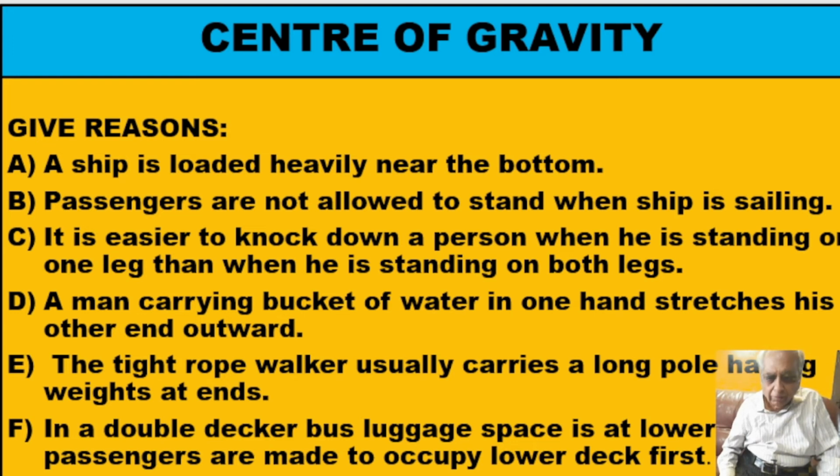So that I have given in the form of give reasons. So the first point is, a ship is loaded heavily near the bottom. Now you see, if the ship is loaded heavily near the bottom, then its center of gravity would be near the bottom, would not be at a higher height. So the ship would be more stable.